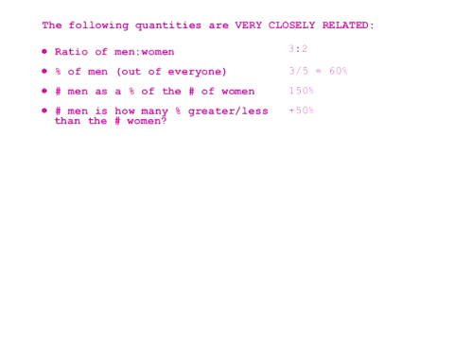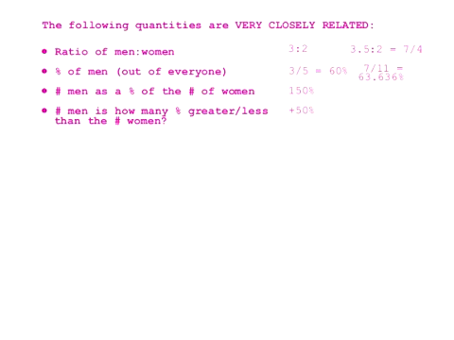So if you have a ratio of men to women that goes up to 3.5 to 2, which is the same as 7 to 4, then the percentage of men out of everyone is now 7/11, which is 63.6363 percent.